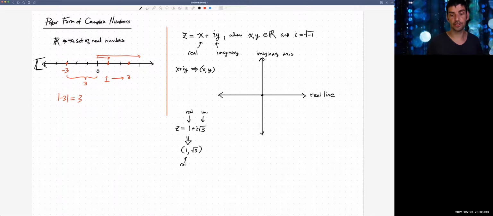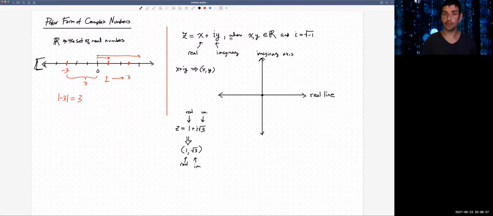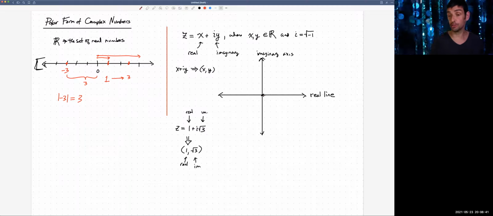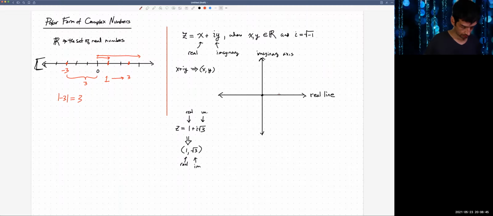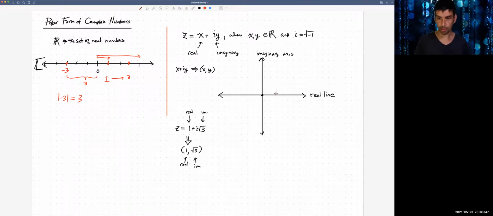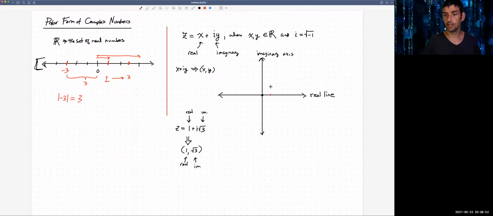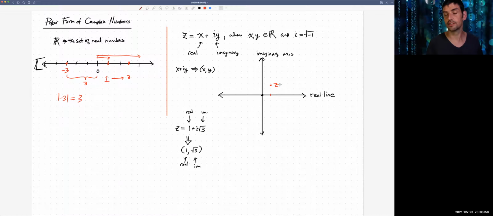The real part is in the horizontal position, the imaginary part is vertical. So that point on this plane, which we call a complex plane, I'm just thinking about my scale, I'll use the dots. So 1 unit over for the real part, root 3 units up, that's about 1.7. So there's our point z.